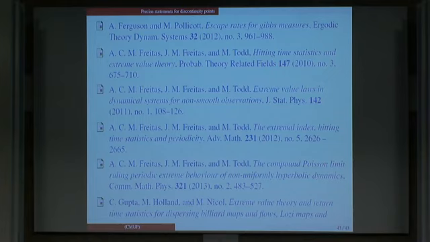How do you get other normalizing sequences? I want, I don't know, a cubic or something like that, instead of the linear.